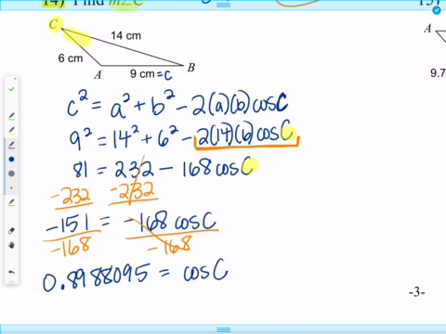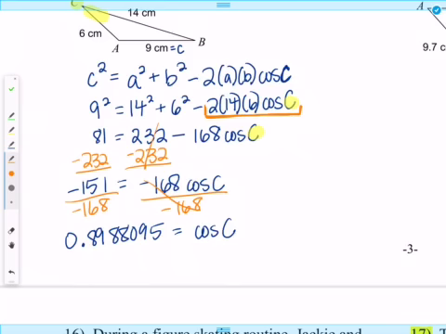Cosine of C. And then remember, to get rid of that cosine, we have to do cosine to the negative first on each side. And so now we'll put that in our calculator. We'll hit second cosine. And then remember, most of you can hit second and then that negative symbol, and it'll pop that answer back into your calculator, that 0.8988 number.